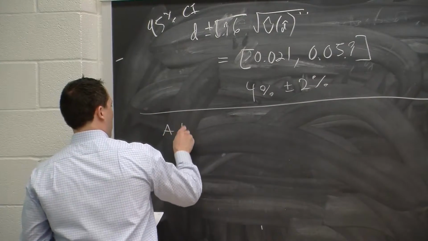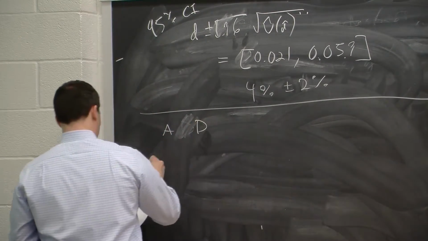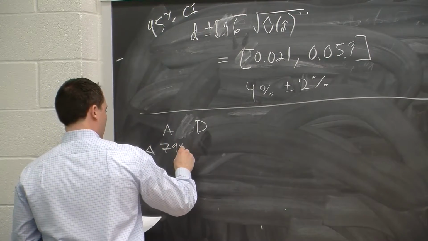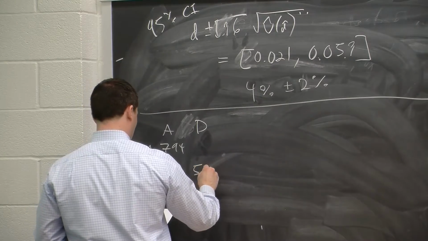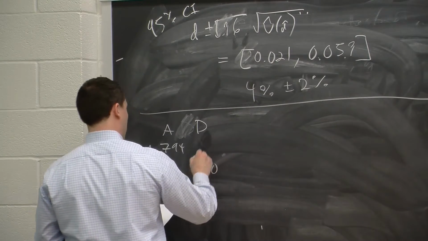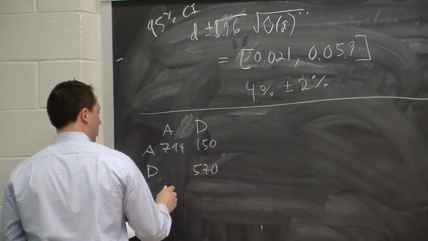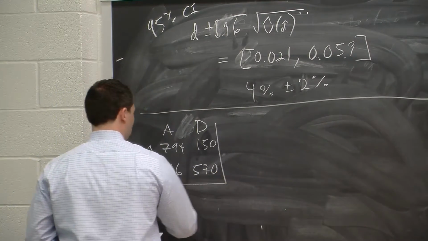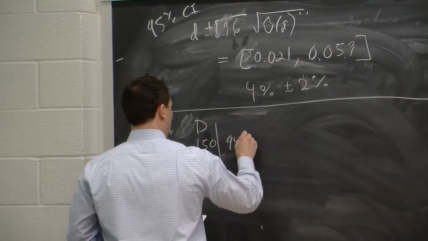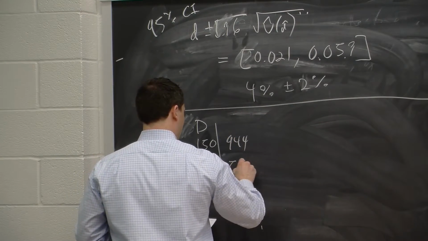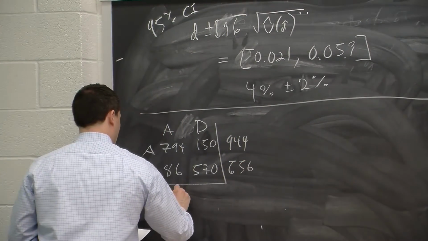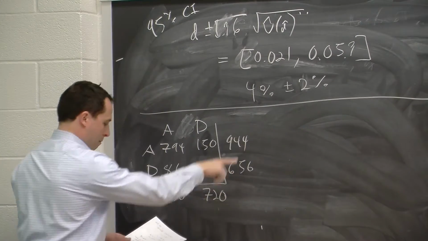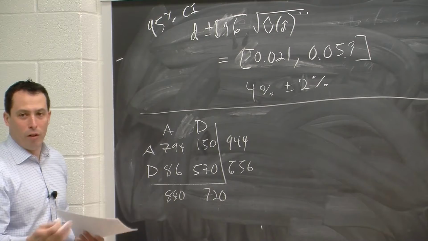So what would exactly the same numbers be? Well, the truth, the table we had was this. 794 kept approving. 570 changed their opinion. 150 went from approving to disapproving. And 86 went the other way. And the totals were 944, 656, 880, 720. So these totals become the data if we don't know what happened.